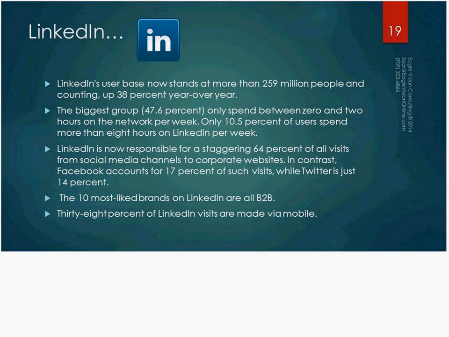Yet they have like 60% of all visits from social media channels to corporate websites through LinkedIn. So it's kind of interesting, this low energy kind of social media one.